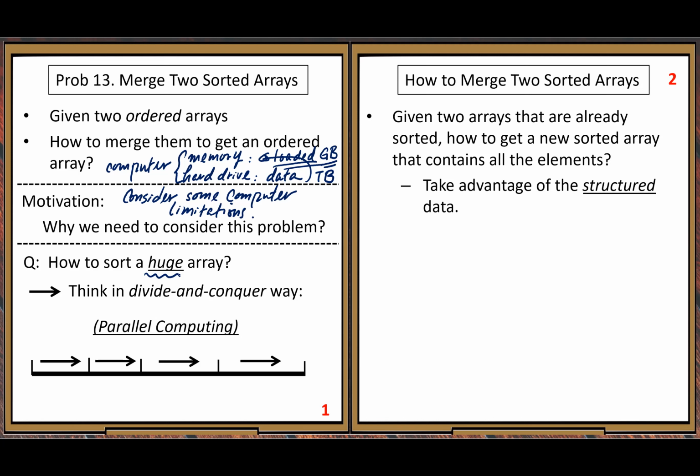Here, we want to do it in a smart way. With the nice structure, each one already ordered, that structure can help us reduce a large number of comparisons. So that's what we are going to do here.